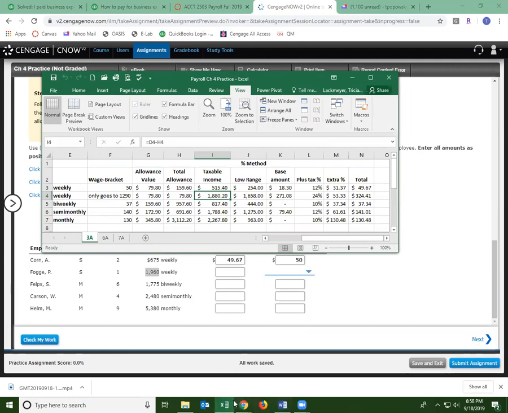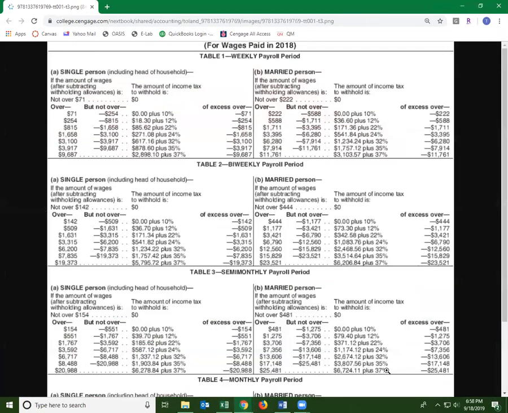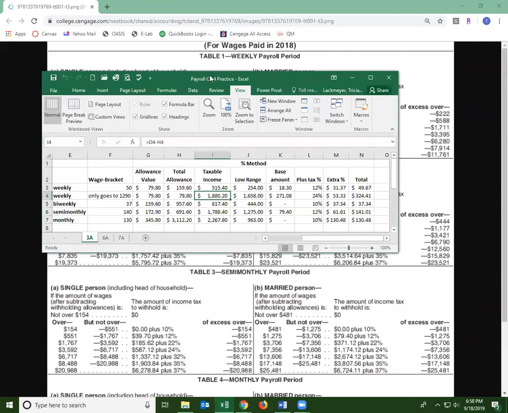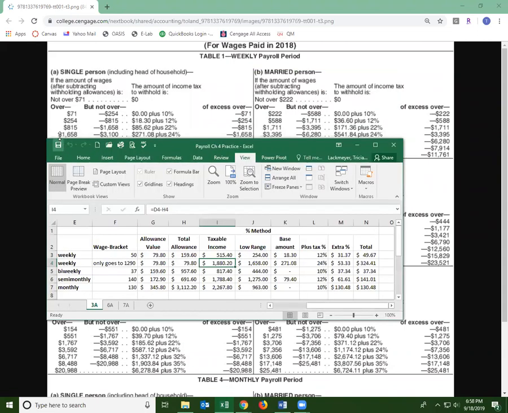If you pull up those tables, you'll see where I got the information I returned. We're still dealing with weekly single person, only now they're falling in this range of making over $1,658 a week, but not more than $3,100.